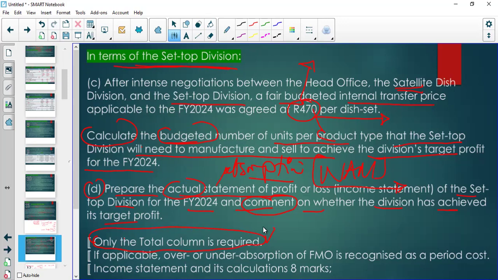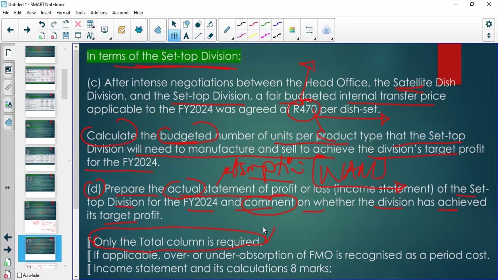That's very easy. But in your calculations, this is the total column for presentation when you present the income statement. But when you do your calculations, you have to do for each product, sales units for each product, and then you transfer the total to the proper income statement.